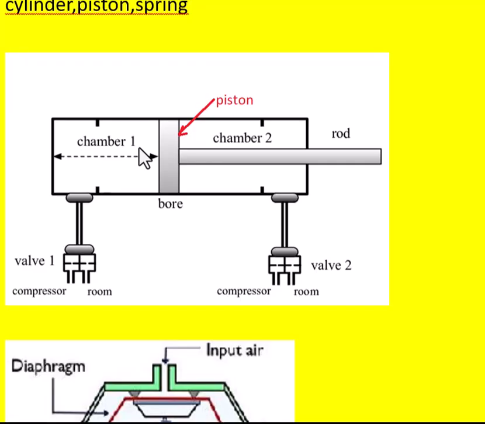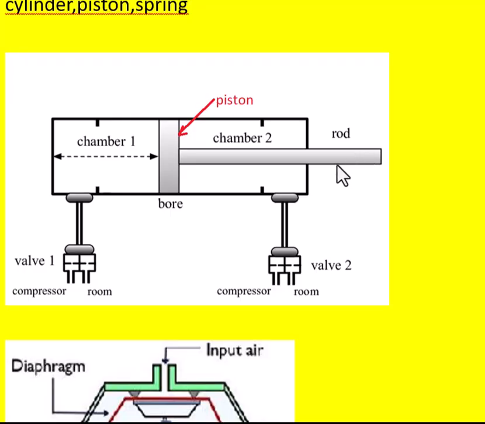That high pressure air will direct this piston to move from left to right, so that its piston rod will go beyond this cylinder. That shows its work performance. This movement of the piston rod indicates the linear displacement.